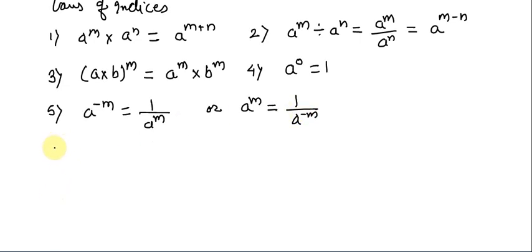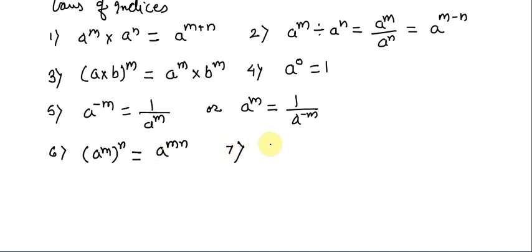Sixth is index of index: a raised to power m raised to the power n, we can write as a raised to power m into n. If the situation is like this, index of index, directly you can multiply the indices.